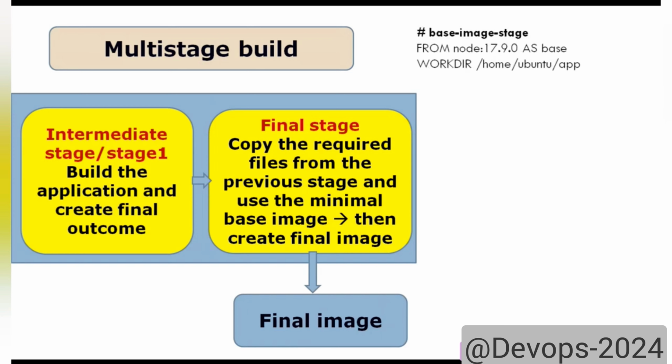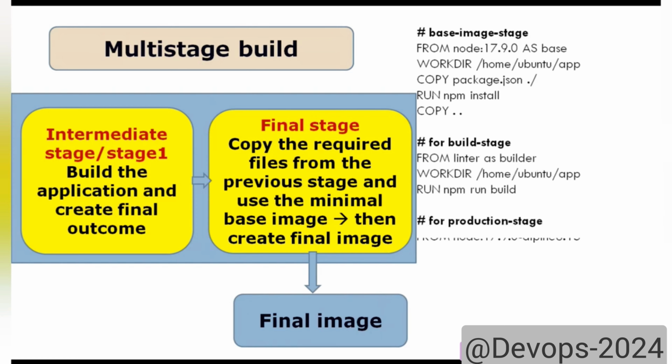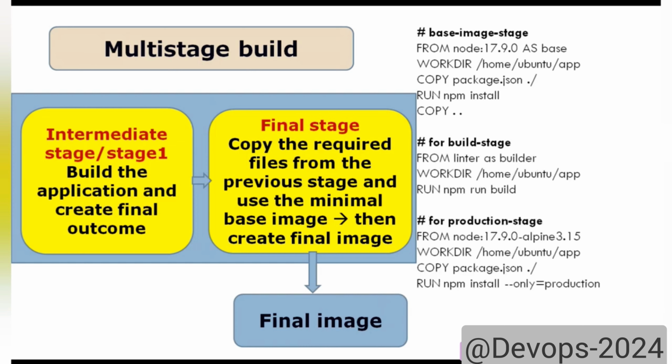Let's look at one example I have captured. In this Dockerfile, you can see we define three stages. One is the base image stage, where I define one of the slim variant base images. The second one is the build stage, which just builds the application and stores the output file.